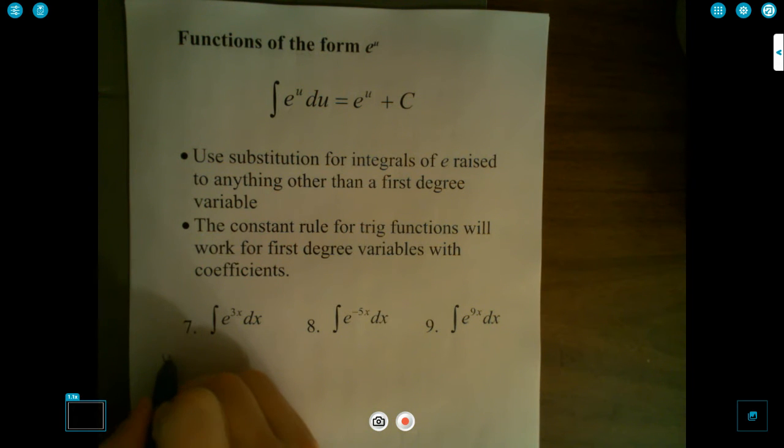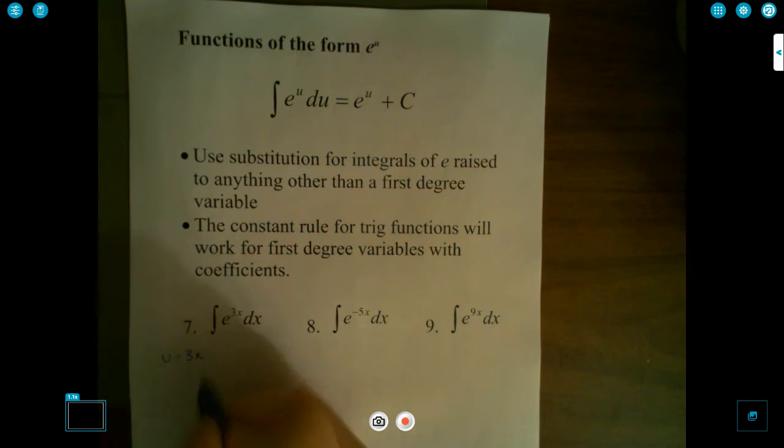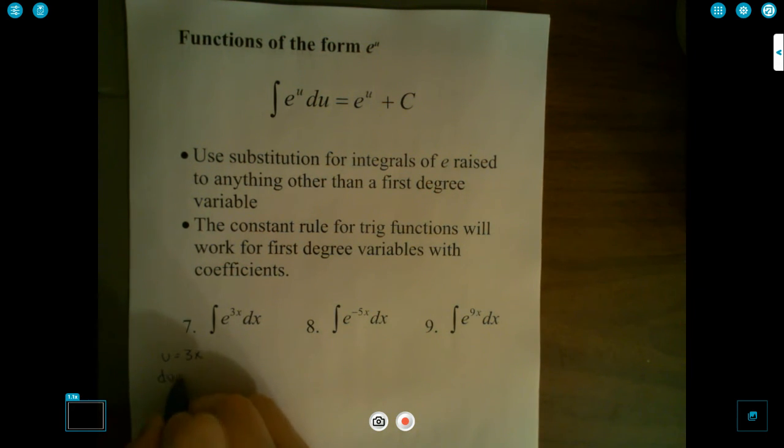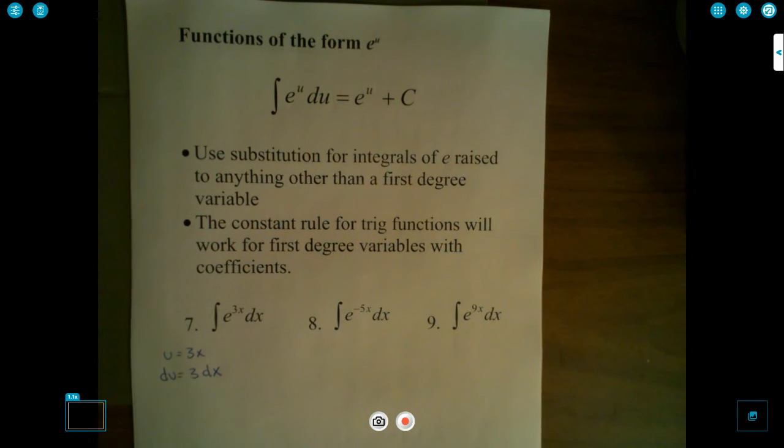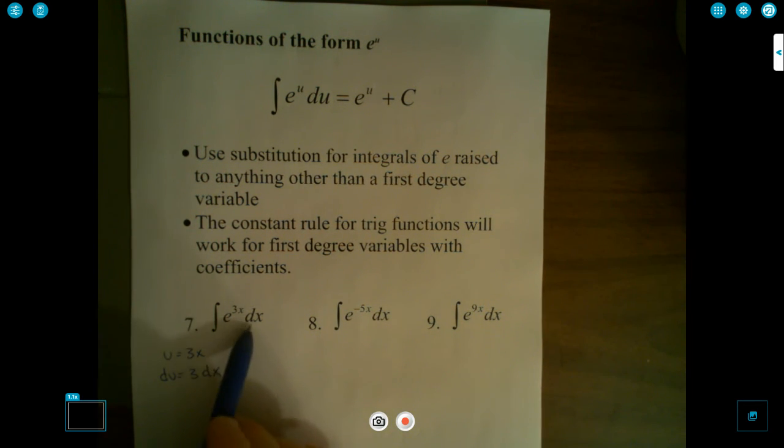Go ahead and let the exponent be u. We take the derivative. We get 3 dx. Okay, so got that right there. Go ahead and solve. Well, not solve, but we've got to get it to match up. I just want dx. The way we're going to do that is we're going to take a third from each side.